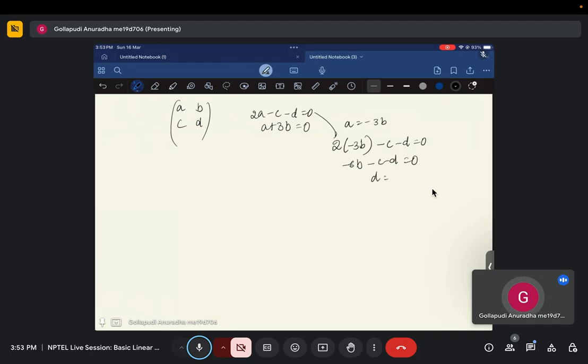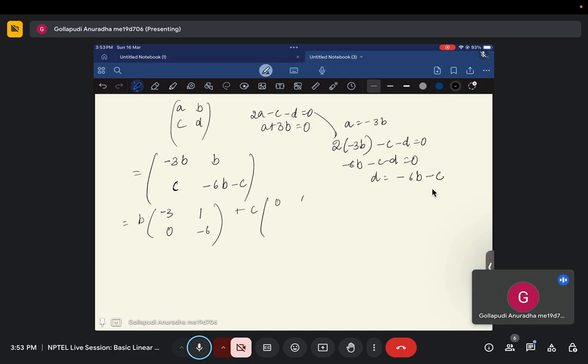So D is going to be minus 6B minus C. So here I am replacing terms. A I am saying as minus 3B, B, C I am saying C, and D will be minus 6B minus C. So I can write this as B times the matrix minus 3, 1, 0, minus 6, plus C times the other matrix, right? So this will be the basis.